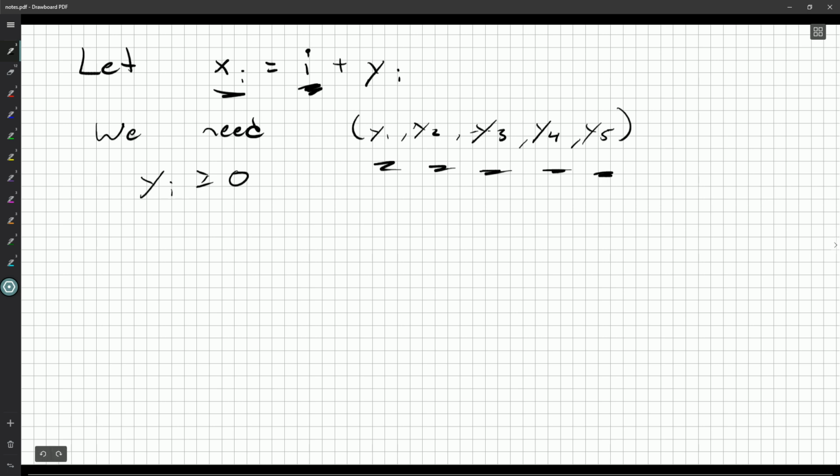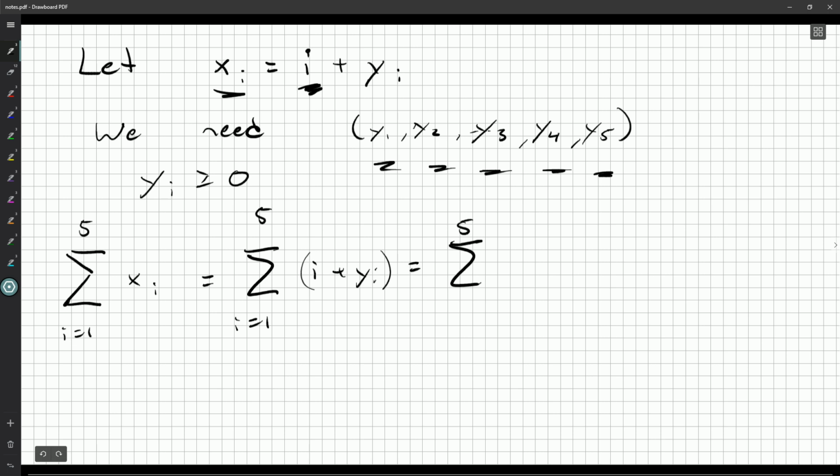We have the sigma notation: the sum from 1 up to 5 of the xi's. If I change my xi's into i plus yi's, then using properties of sigma notation, this is the sum of the i's, the sum of the first 5 natural numbers, plus the sum of the y's.